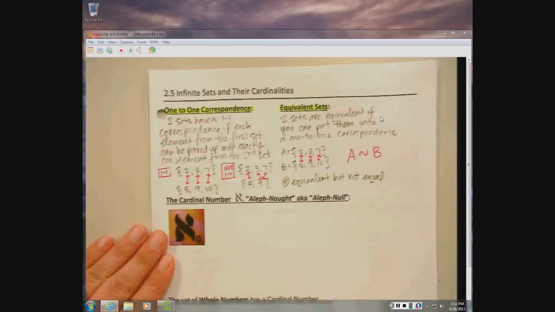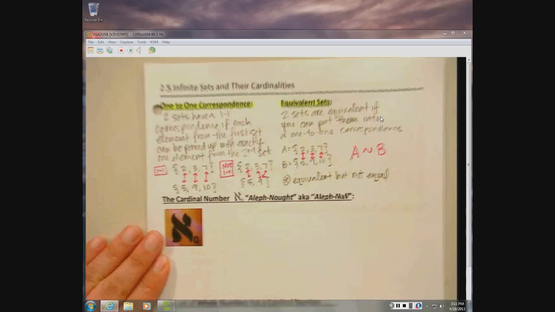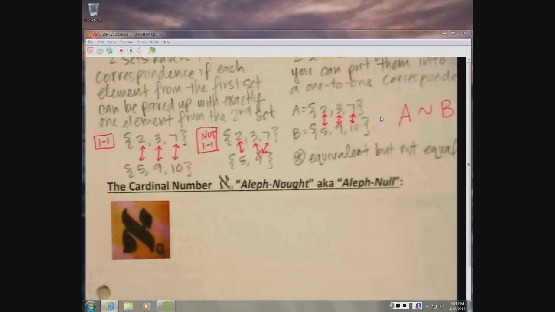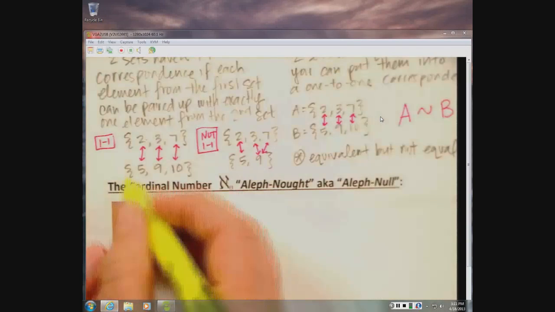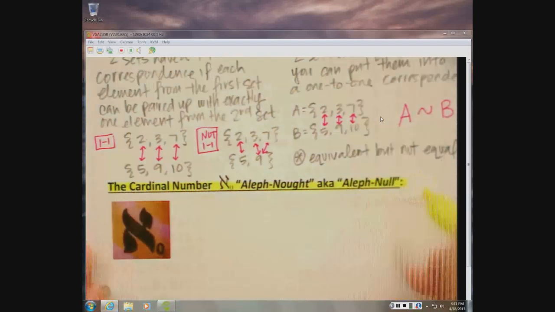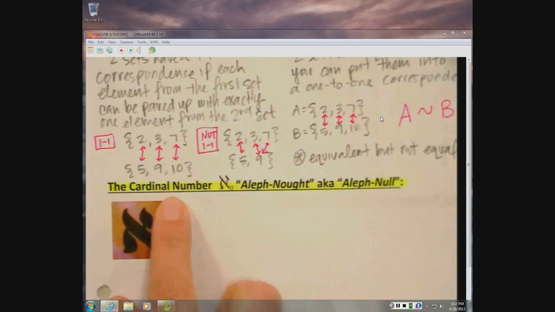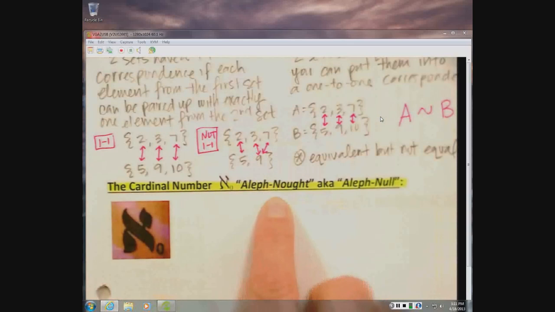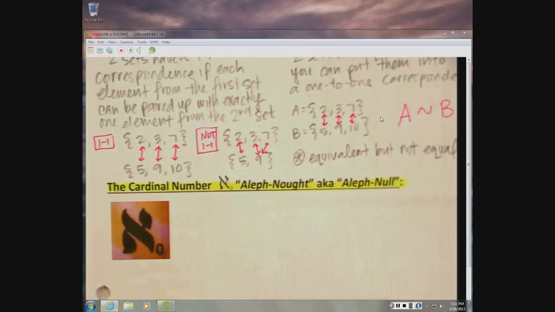Sorry, my Zoom function here is kind of spazzing out a bit. There we go, we're back on track. So the cardinal number aleph naught, also known as aleph null, is this.